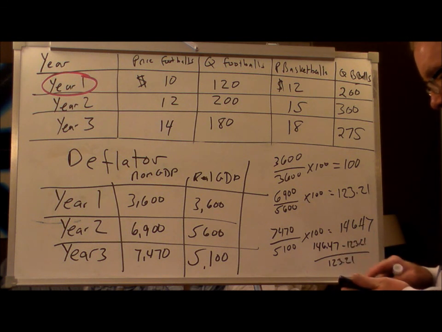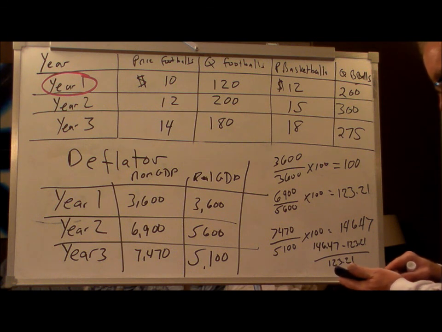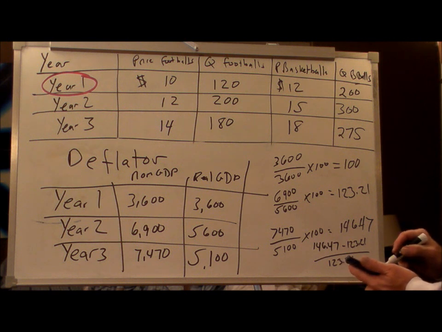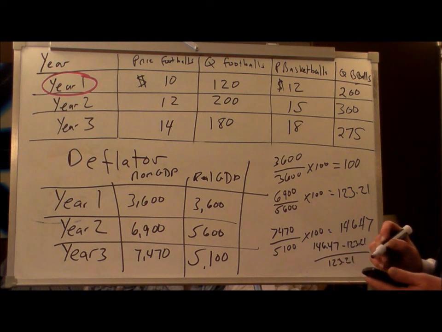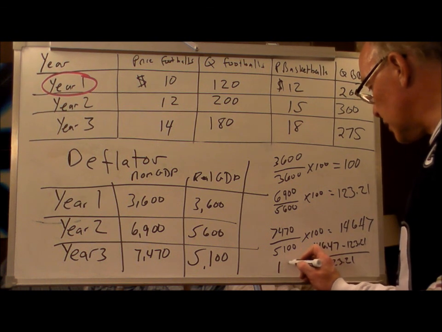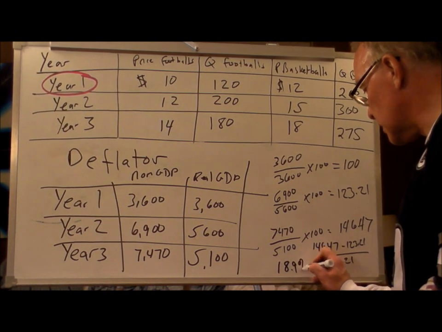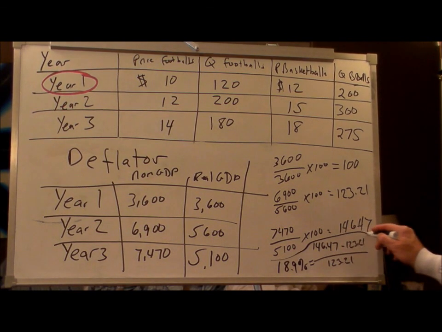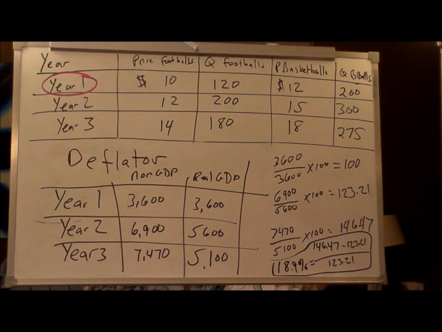Let me see here. I will just quickly do this calculation. 146.47 minus 123.21 equals 23.26. Divide that by 123.21, and we end up with an inflation rate of basically 18.9% once you round it up. So 18.9% is the inflation rate between year two and year three, using the GDP deflator as the measure of inflation.